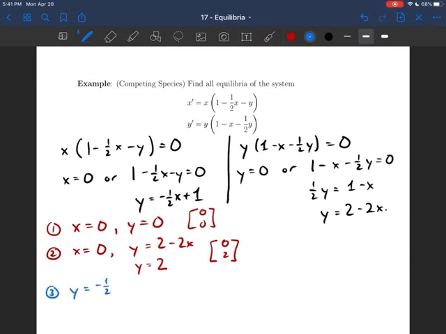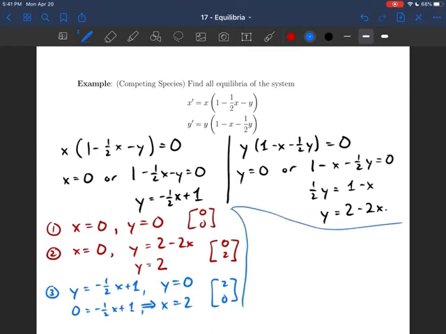So we get an equilibrium 0, 2. We've exhausted all the possibilities with x equals 0. Our next one will be y equals minus 1/2 x plus 1 and y equals 0. That's also possible. We just need to solve 0 equals minus 1/2 x plus 1, and that means x is equal to 2. So we get the equilibrium 2, 0.